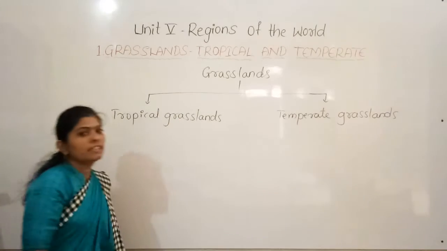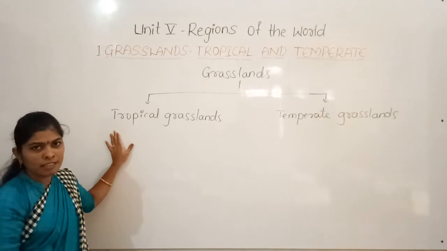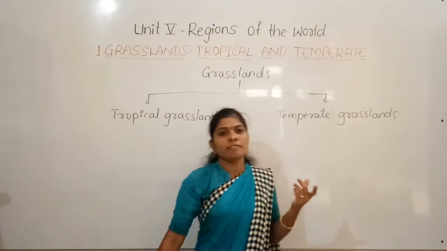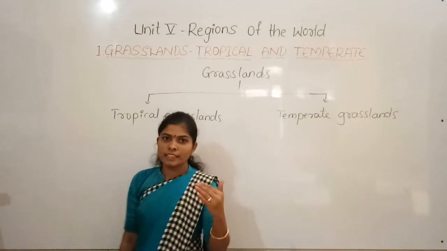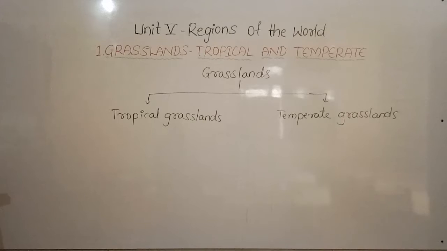Already in our previous classes we have discussed the tropical grasslands, and they are located from 7 to 20 degree in the north and the south, right? So this is the location of the tropical grasslands, and in this class we can discuss the temperate grasslands.